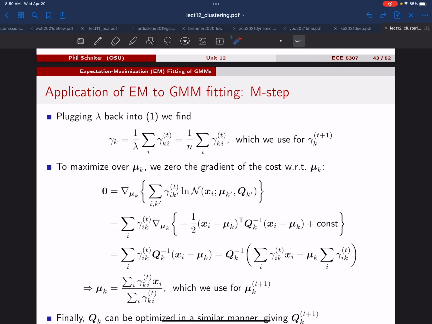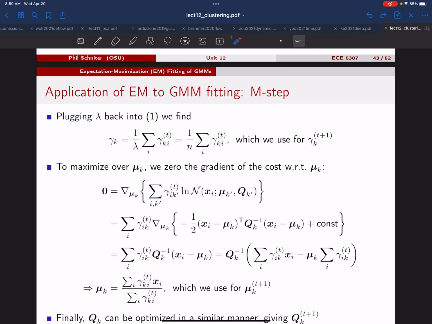Let's see. Yeah, once we do that, you can see that in order to set this whole thing to 0, we just need to set this vector to 0. We don't have to worry about what Q inverse is. So we set this to 0, and if you just rearrange that, you can find that mu k has to be this.